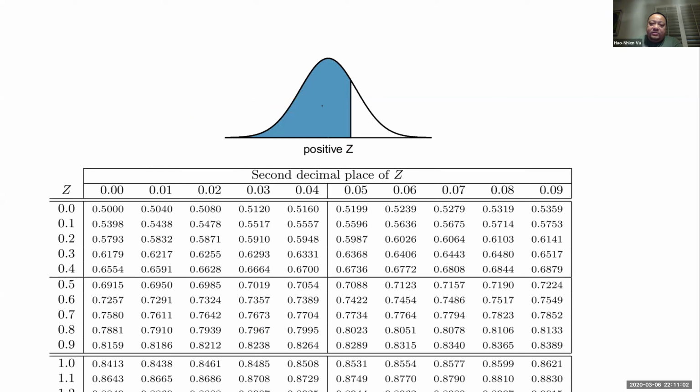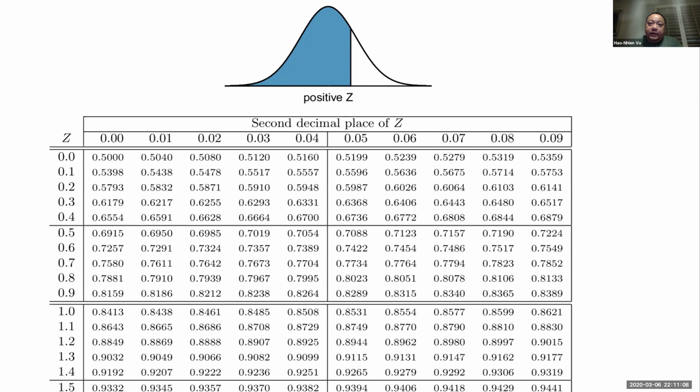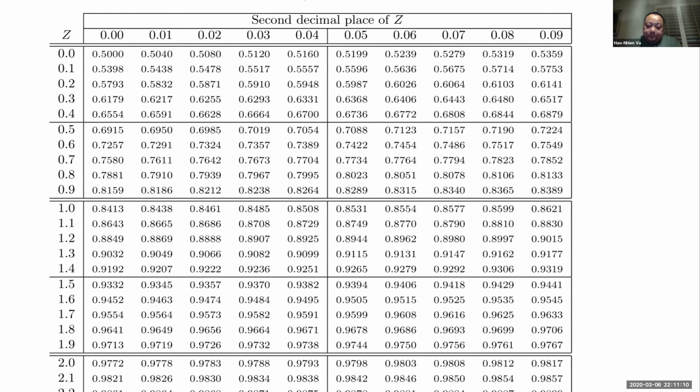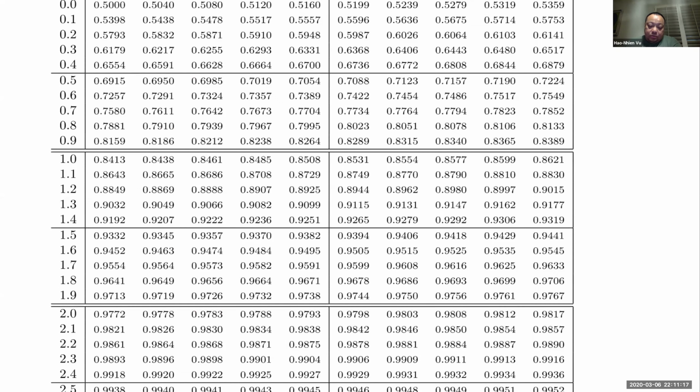So since 0.965 is part of the body of the graph, I'm gonna go looking for 0.965 in the body of the table. The numbers here are pretty much in numerical order. Okay, I don't have 0.965, but I have 0.9649. So that's the closest.